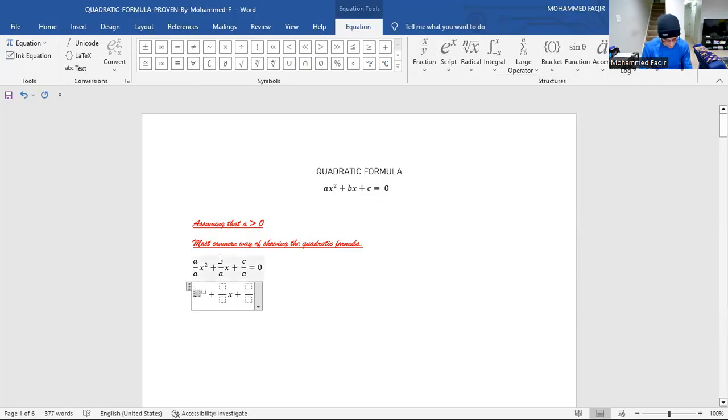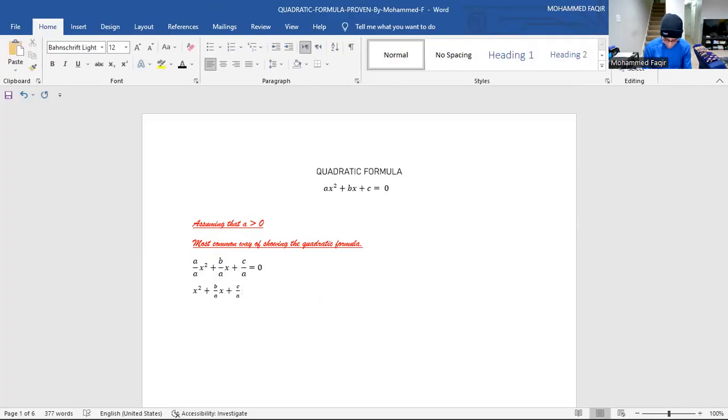So what we end up with is x squared by itself, b over a, and obviously c over a, and that should be equal to 0 as it stands.